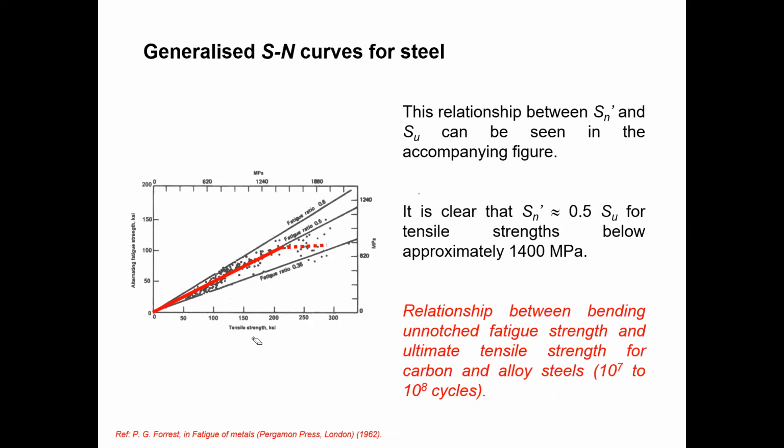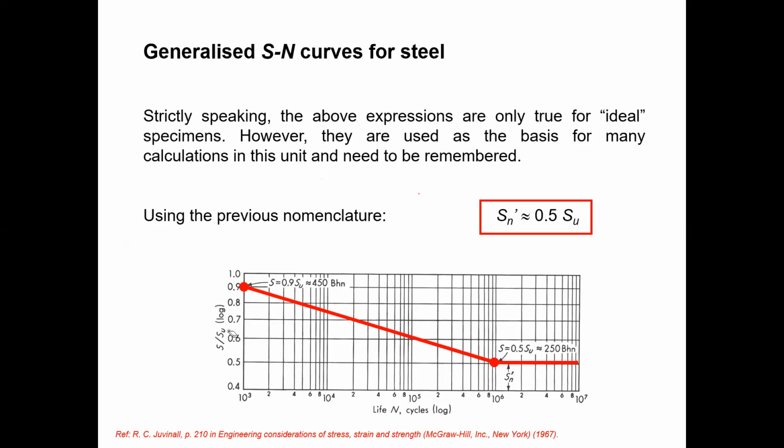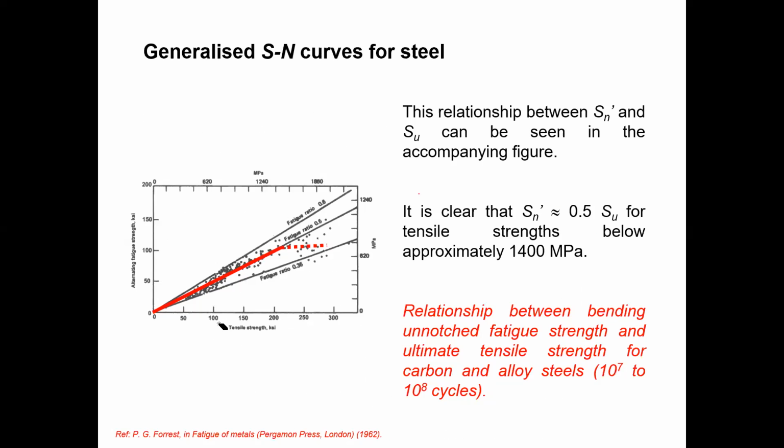So this is the relationship between the tensile strength and the alternating fatigue strength. You can see the variations. We will consider this region, fatigue ratio 0.5. That means the endurance limit will be provided from the ultimate tensile strength, which represents the tensile strength.